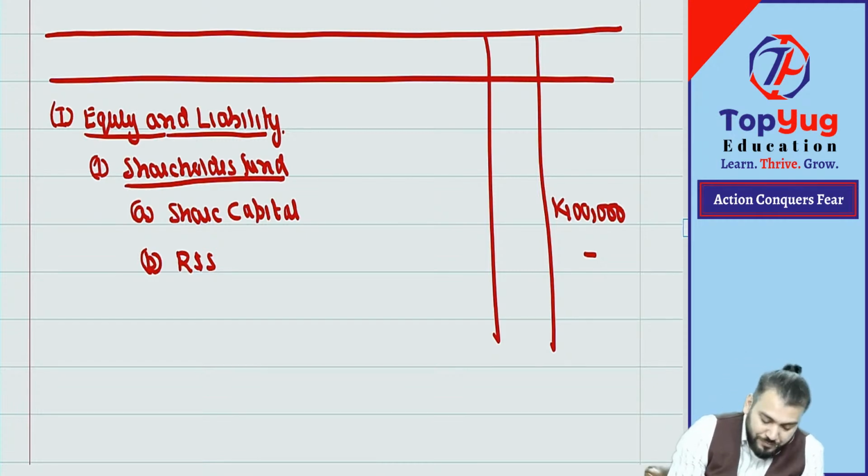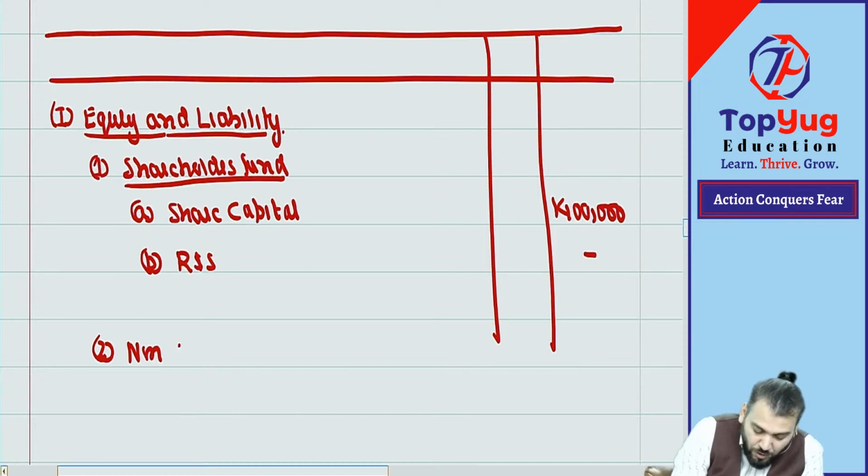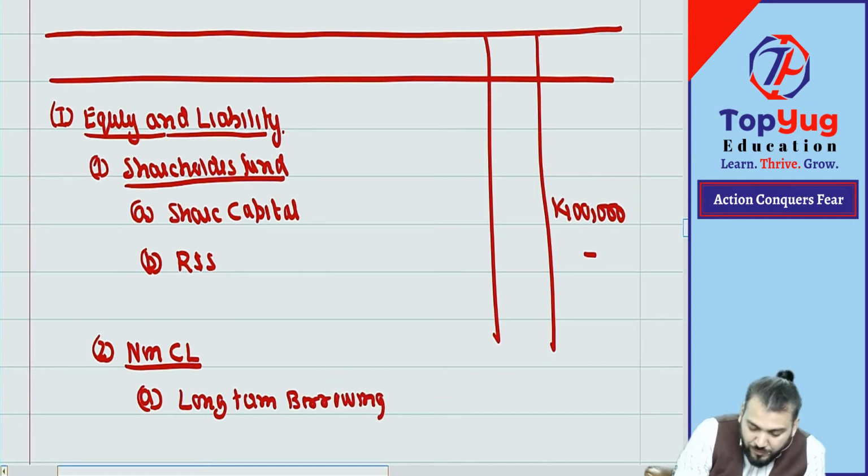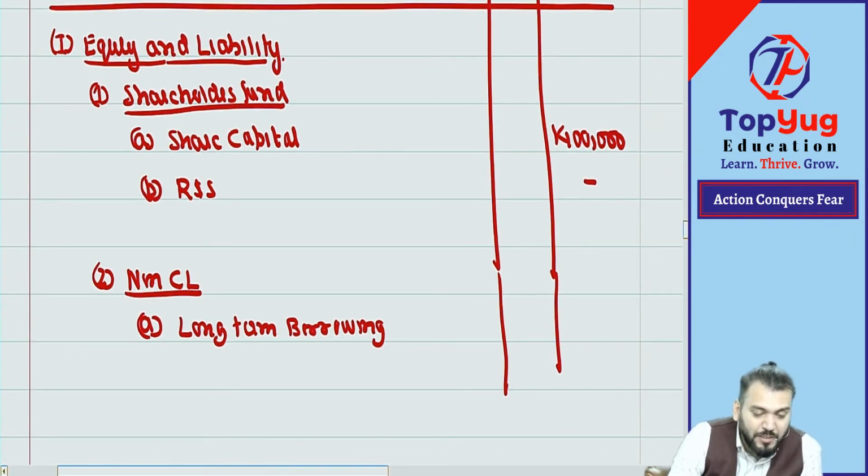Debenture will come now. So point number two, non-current liability. In that we write down first long-term borrowing, and under long-term borrowing we write down debentures. So now 9% debenture has become 12% debenture.